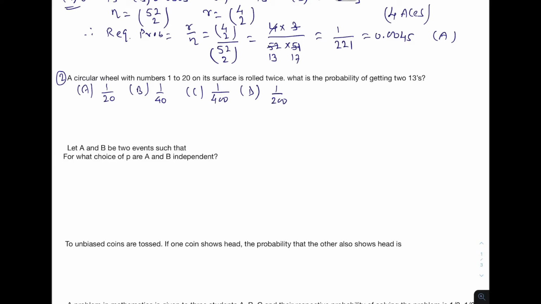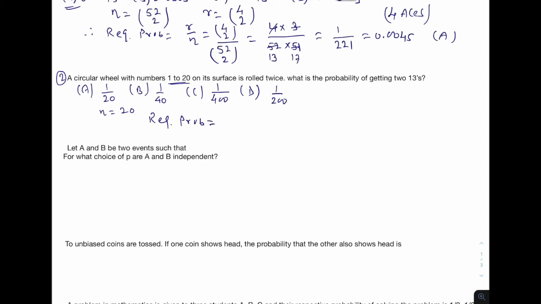Now there are numbers 1 to 20, so you are having n equal to 20. Now if we roll once, we'll get 13. So 13 from 1 to 20 we are getting one time. So what is the required probability?